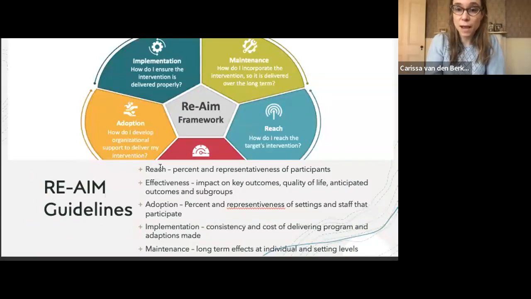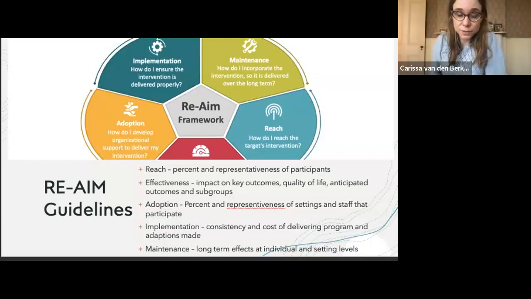So essentially you have Reach, which asks some of these questions, like, can the program attract a large, representative percentage of the target population? Or can they actually get access to it? Can the program reach those most in need and most often left out? Poor, low literacy, numeracy, complex patients.